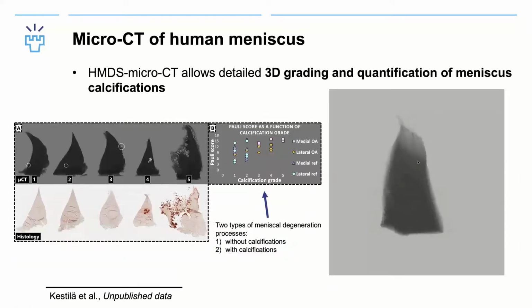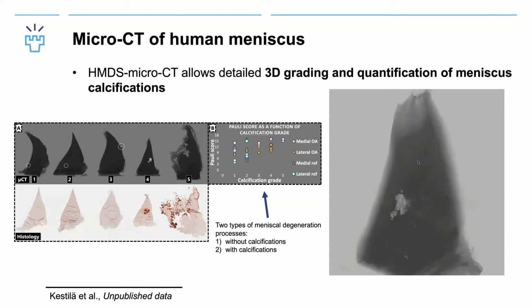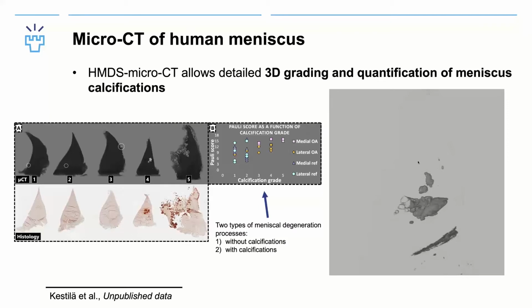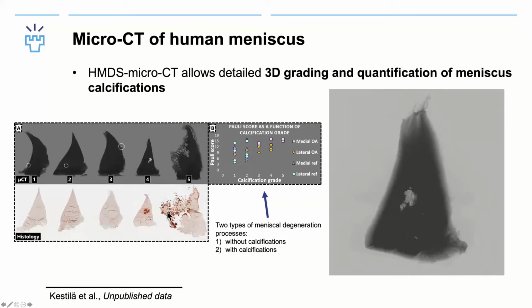And besides that, we have also shown that micro-CT is a really good method to look at the calcifications within the meniscus. It is known that in osteoarthritis we quite often see calcifications in meniscus. You cannot see them very clearly in histology unless you have really many calcifications there.